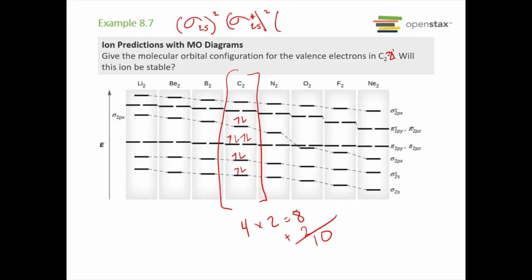So now we have pi 2py, comma pi 2pz 4, and lastly sigma 2px 2.